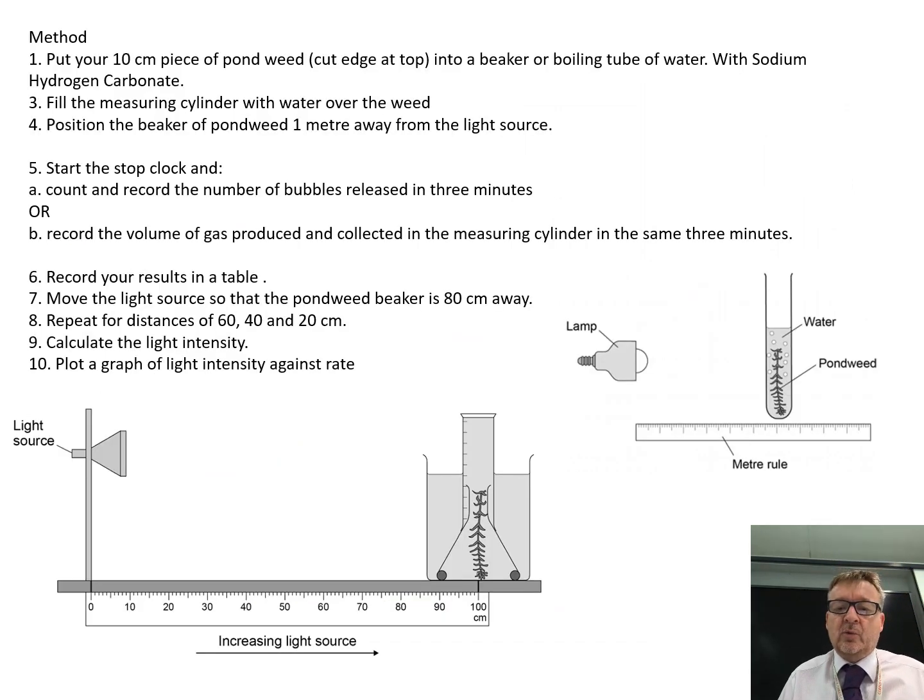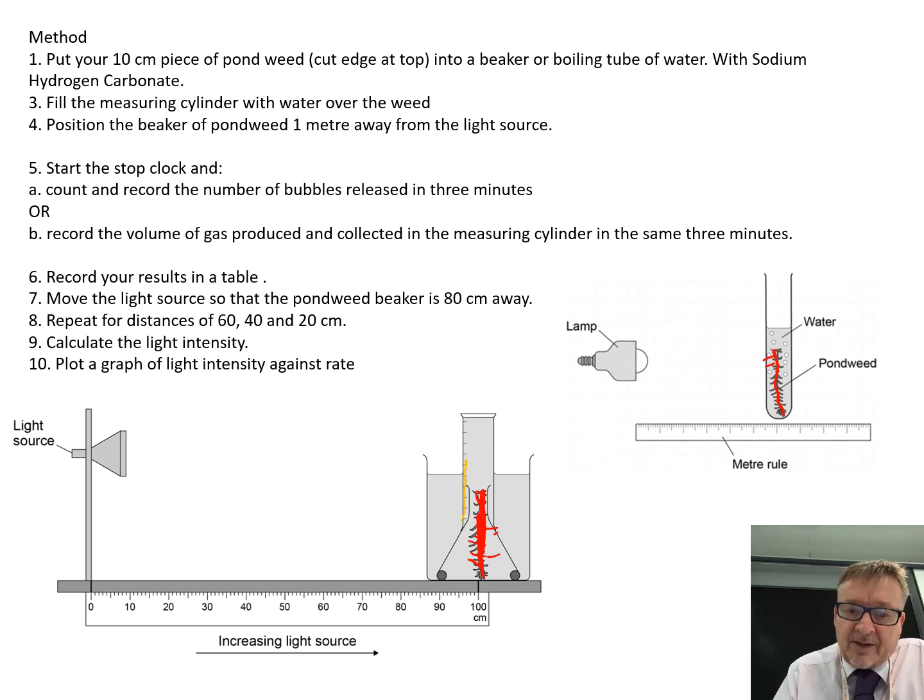Now, the way the practical works is you put the 10 centimetre piece of pondweed, cut edge at the top, into a beaker. So what we've got here is our piece of pondweed, and the cut edge is sticking up. It could also be in a boiling tube like that, with the cut edge sticking up. Fill the measuring cylinder with water over the weed.